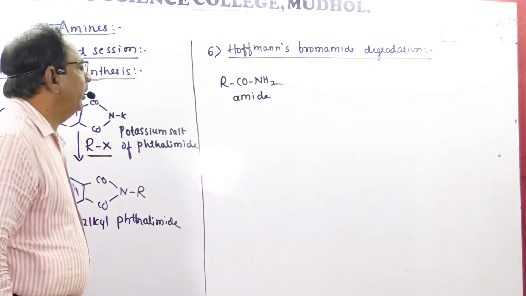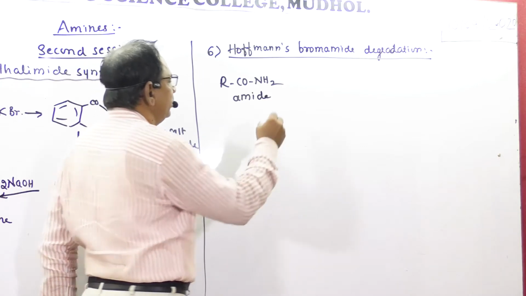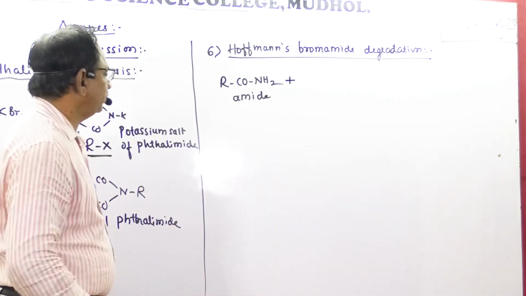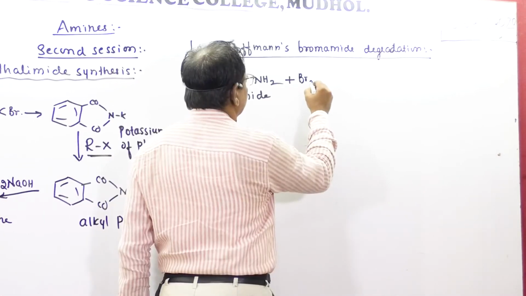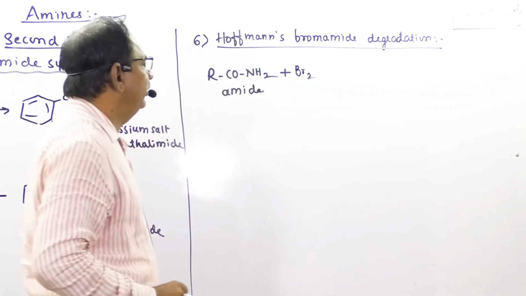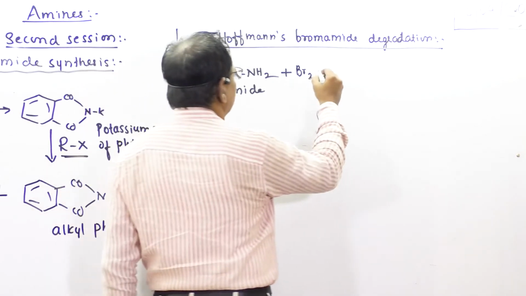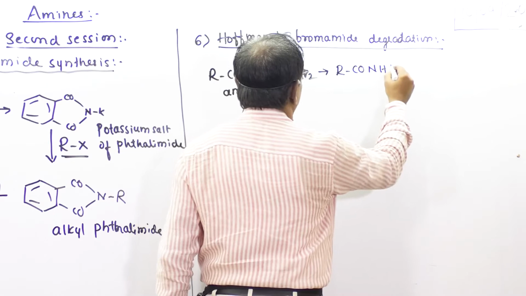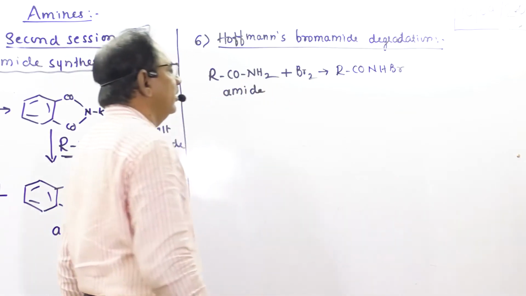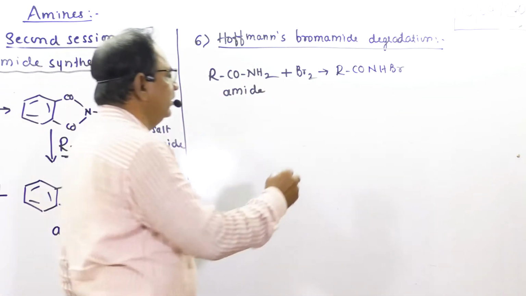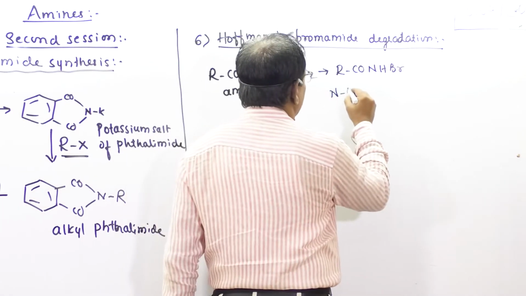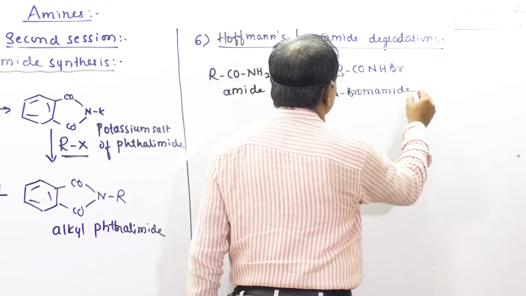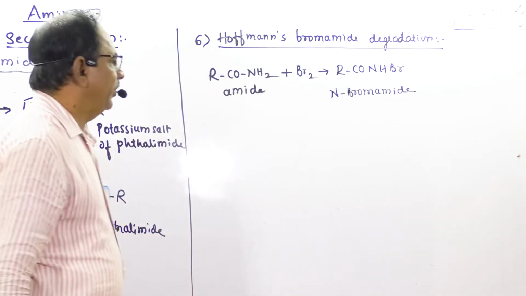This amide is treated with bromine to form RCONHBr. This is called N-bromamide.